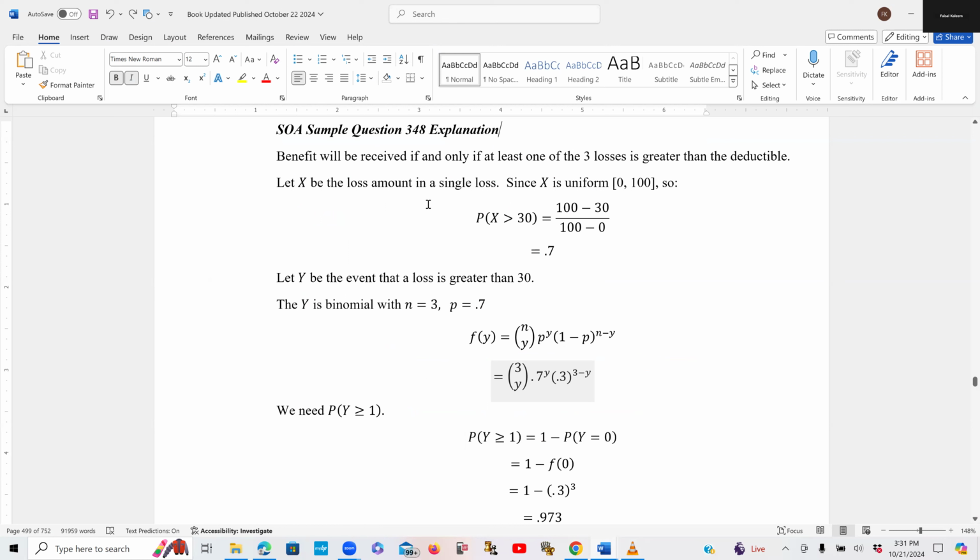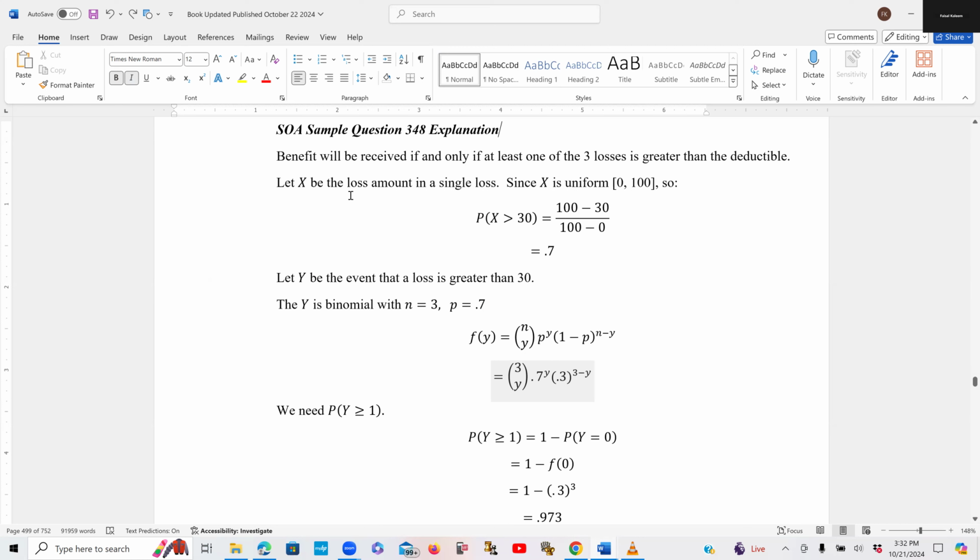So remember, the question was to find the probability that a benefit is received from any of the three policies, which is another way of saying that at least one of the three losses is greater than the deductible, and that's the only time you will actually get some positive benefit. Otherwise, there's no benefit if you have a loss less than the deductible.